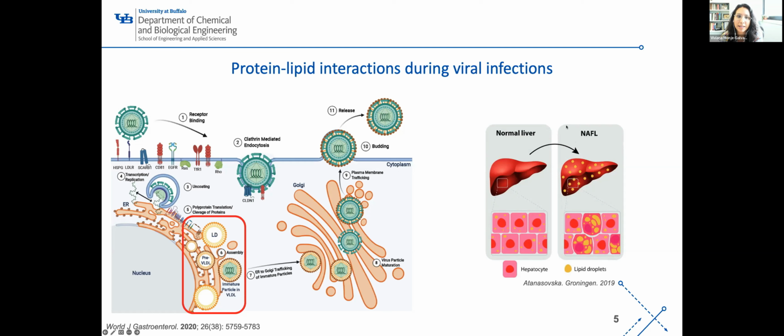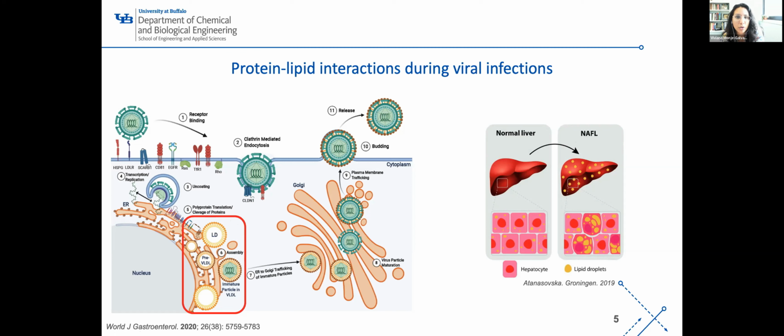One of the ways that the cell has to store fat is in lipid droplets, which are these orange-yellow circles at the bottom of the screen. Hepatitis C assembles very close to where these fat storages are being built inside the cell.